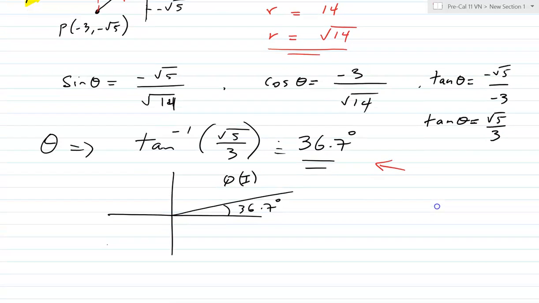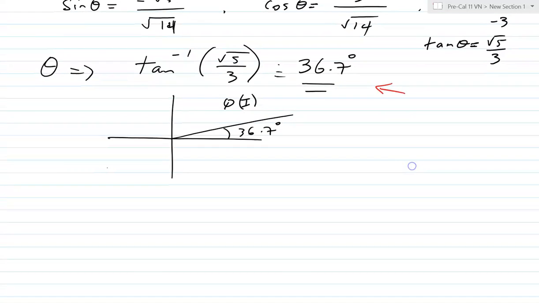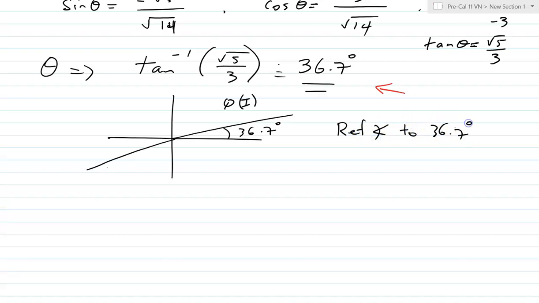So what we're going to do to get the standard position angle in quadrant 3? Well, here's a process again from last time. Basically you want to make sure you're using the reference angle. So what is the reference angle to 36.7 degrees?